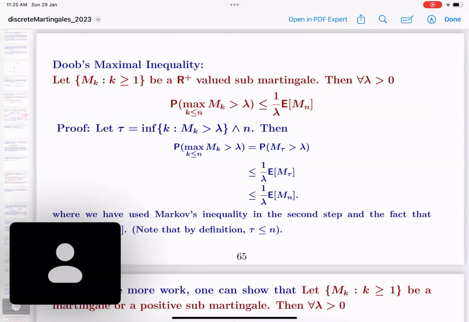Here is a major result, again due to Doob. It's called Doob's inequality or Doob's maximal inequality.